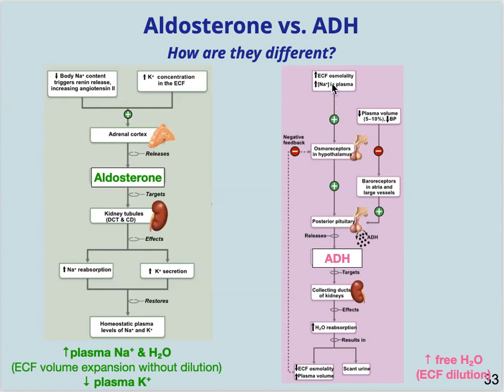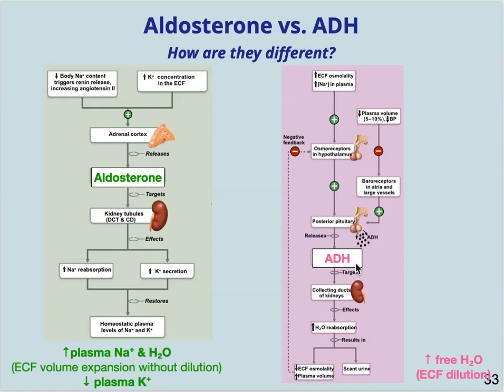Now, ADH is triggered to release by an increase in ECF osmolality. Okay, and an increase in ECF osmolality can happen when, say, you're dehydrated or you've ingested too much salt. And a rise in sodium concentration in plasma also triggers ADH release.